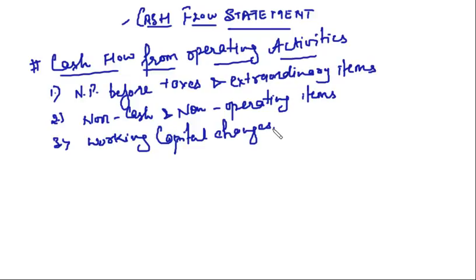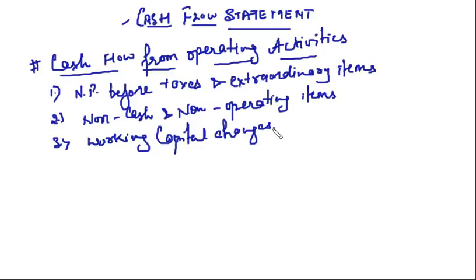See which item is related to net profit, which will be adjusted in non-cash and non-operating items, which will be adjusted in working capital changes. First of all, identify those items. That will make doing your question very easy.